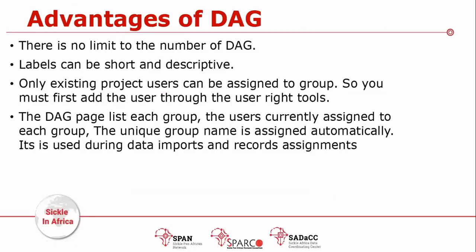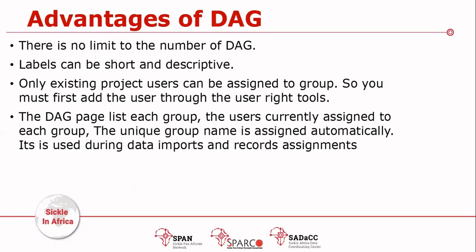So the advantages of DAG with respect to multi-sites like ours is that there are no limits to the number of sites or data access groups that you can add. You can also label in a short way. When I was showing that illustration, I labeled Aminu Kano with long words. You can make them very short, like UATH, and you can rename them even when the project has been sent to production.